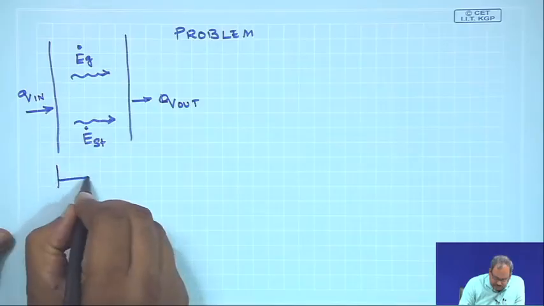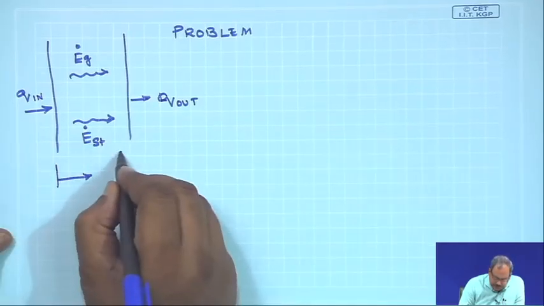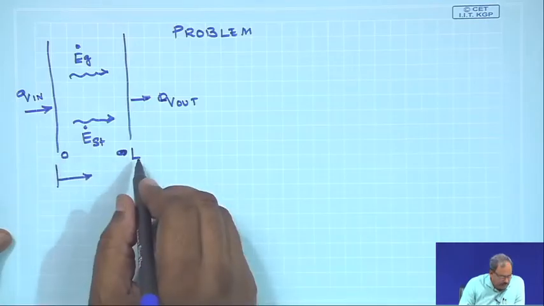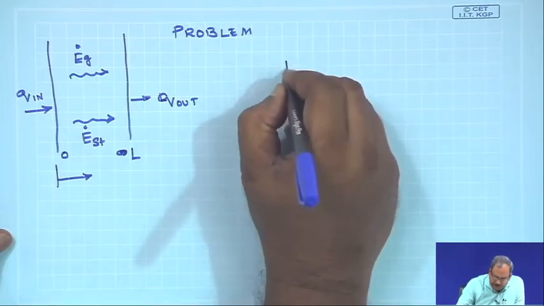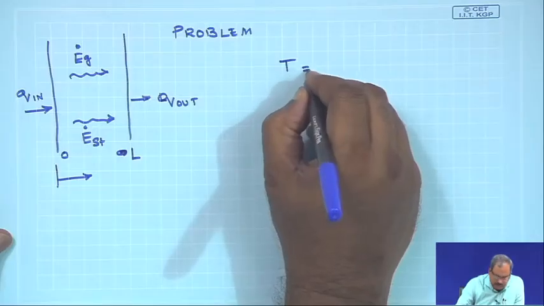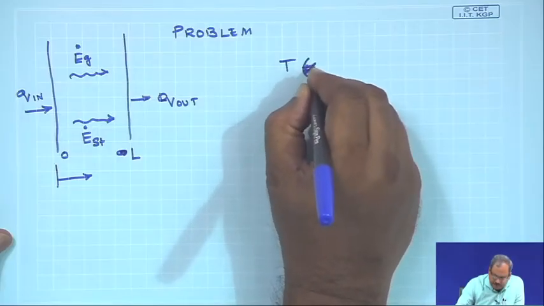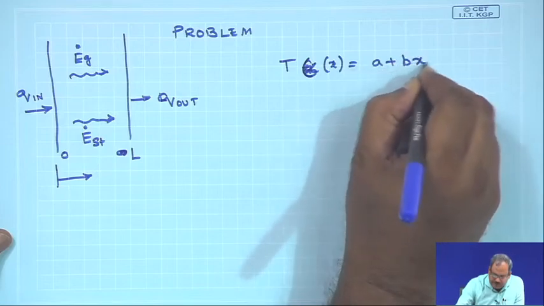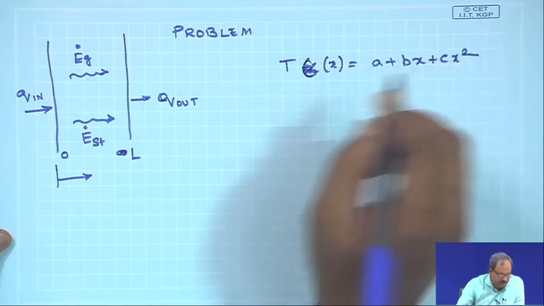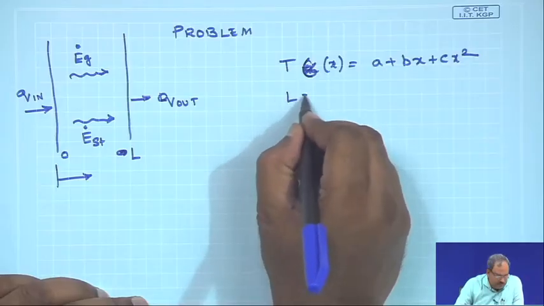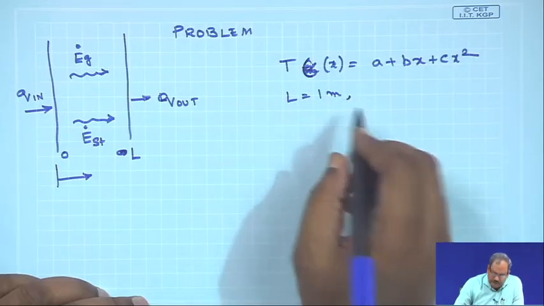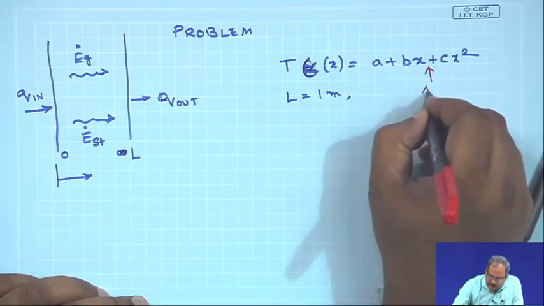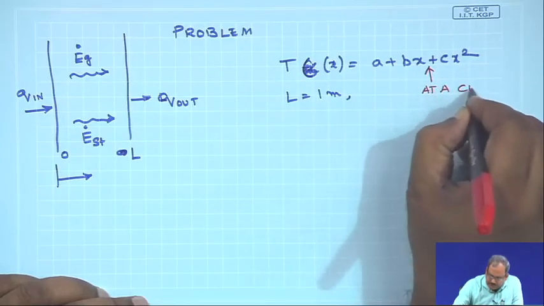The x starts from here, and goes from 0 to L, and it is known that the temperature inside this, T as a function of x, is equal to A plus B x plus C x square. Here L is equal to 1 meter, and this is the temperature profile at a certain instant of time.